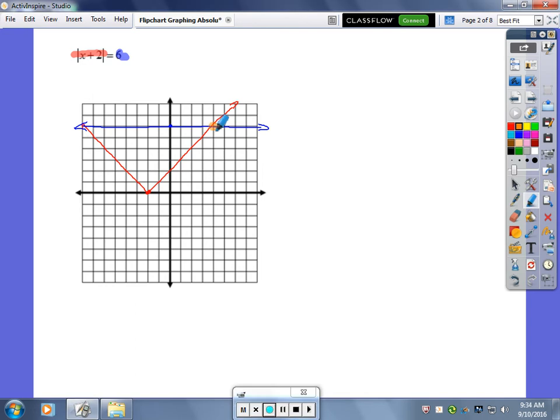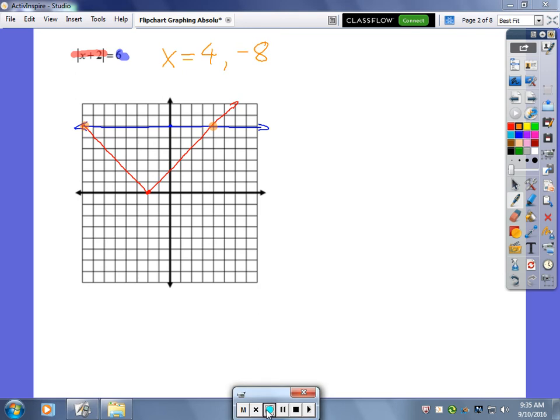One is right here, and the other one is right here. So looking at the x-coordinates of those 2 points, we know that the solutions are x is positive 4 and -8.